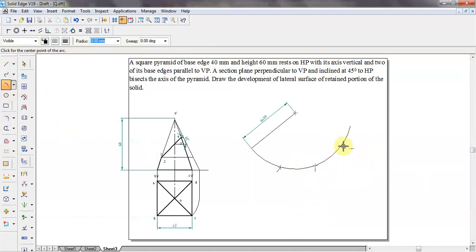Again it is 40, 10. We have to extend this one again. So this is 40, 10. You can join them now.